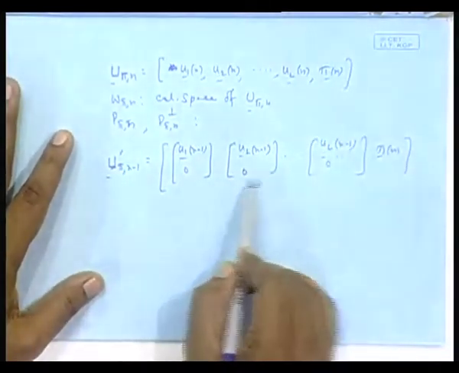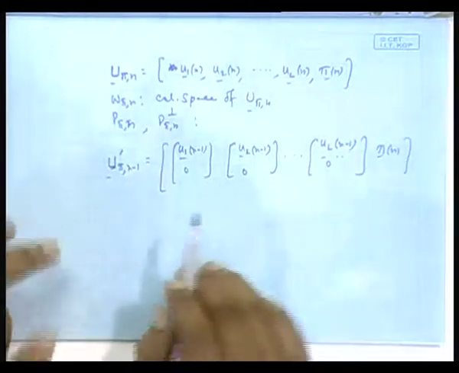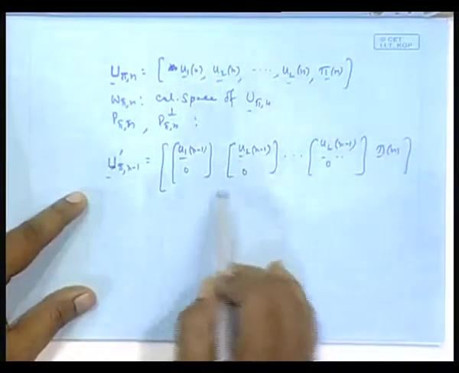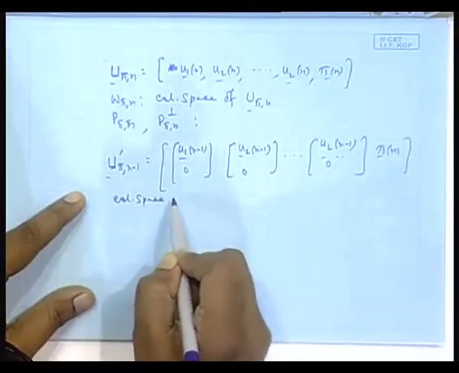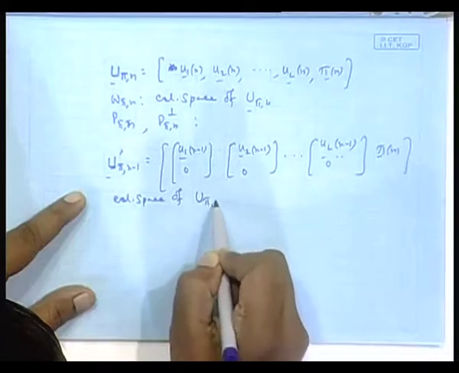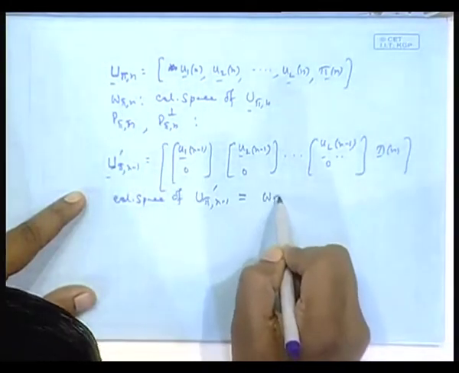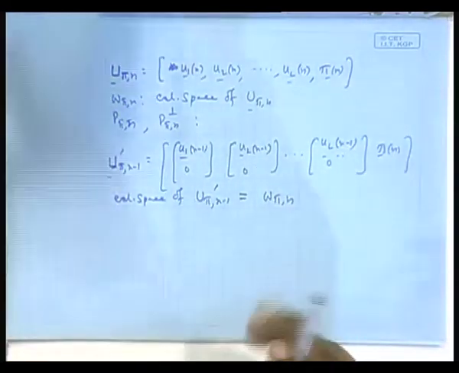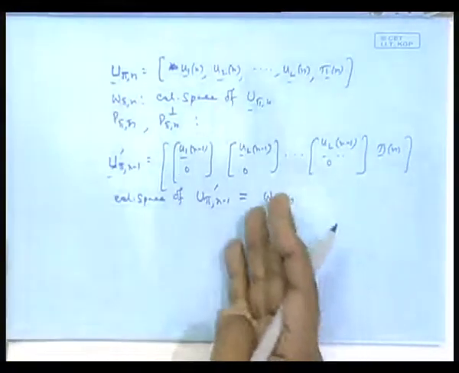So here all of them have this 0 fellow. Once again, by the same logic, you can see the column space of this is the same as W pi n. I proved it here for the simple case where there are two vectors or only one u1. Same logic can be used here.